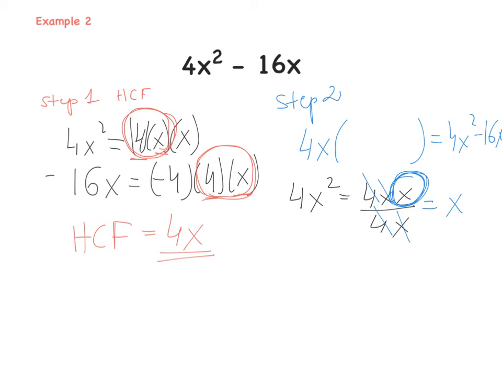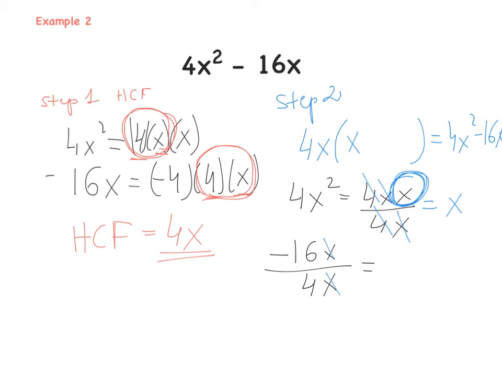So x goes straight in here, and 4x multiplied by x is 4x squared. Every single time we need to ask the question: what are we leaving behind? And the next one, we have minus 16x divided by 4x.